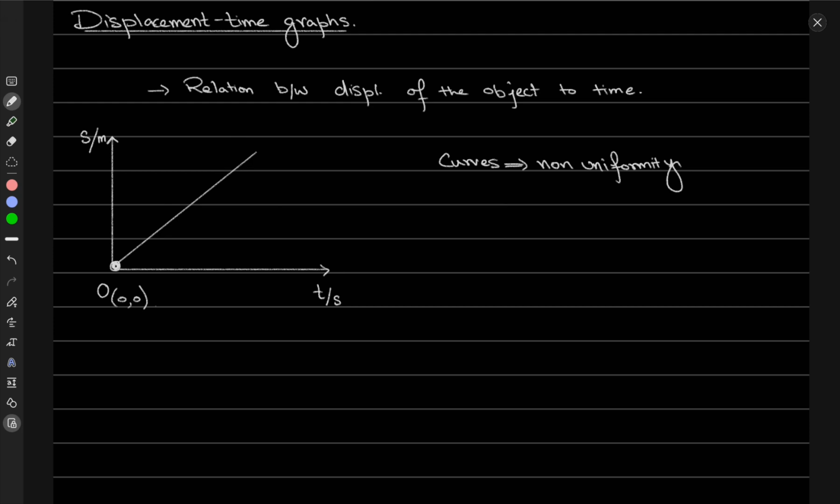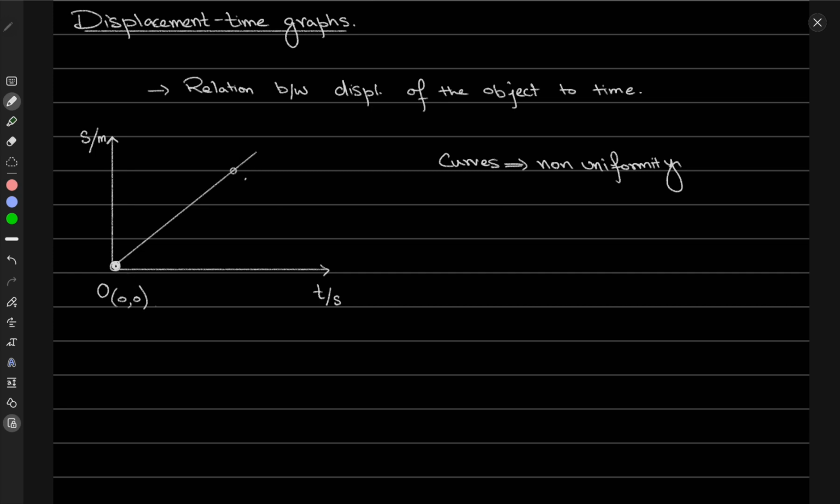Now, the gradient of this graph is defined as the displacement divided by time. So mathematically speaking, the gradient of a graph can be found by taking any 2 points on this line. So I take this one, and suppose you take 0, 0, because the line passes through that point.